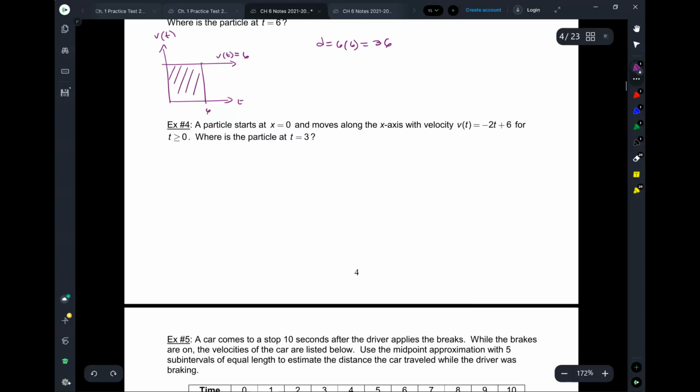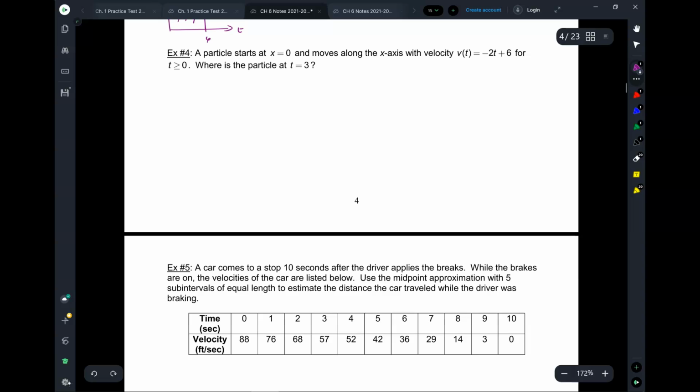Okay. Oh, I like this next one. A particle starts at x equals 0 and moves along the x-axis with velocity negative 2t plus 6. Ooh, plot twist. Let's just graph that one, right? Let's see what the velocity looks like now. Negative 2t plus 6.